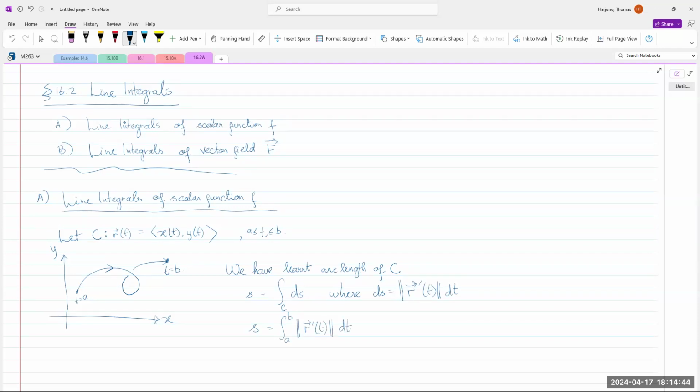What is r prime of t? It is (dx/dt, dy/dt), and if you have three dimensions, another component dz/dt, such that the magnitude of that is the square root of (dx/dt) squared plus (dy/dt) squared.